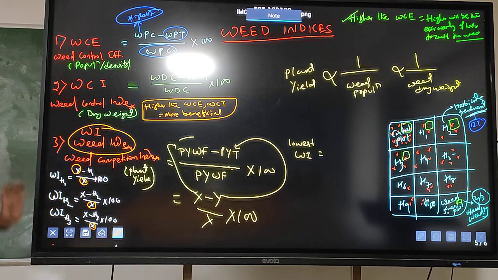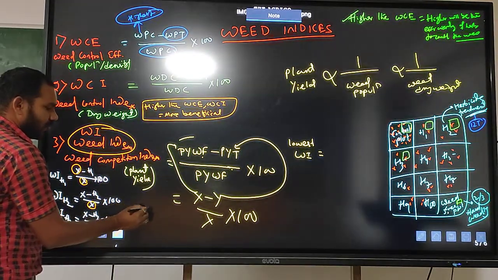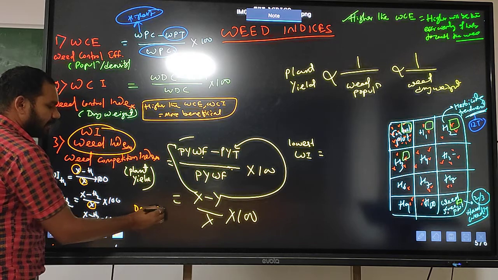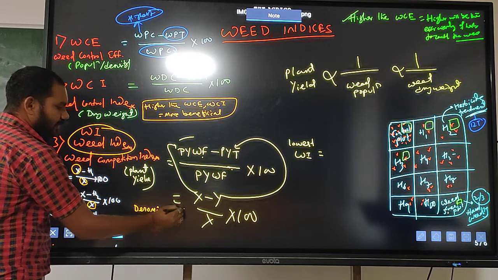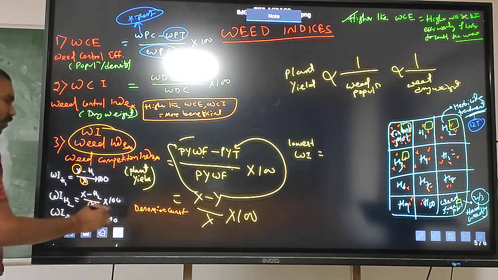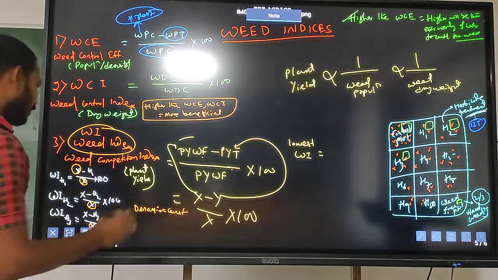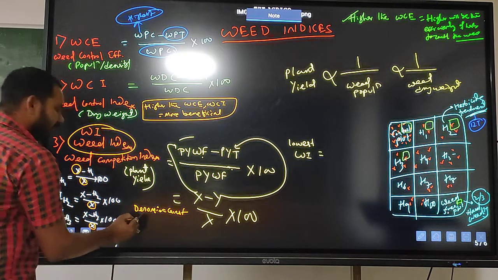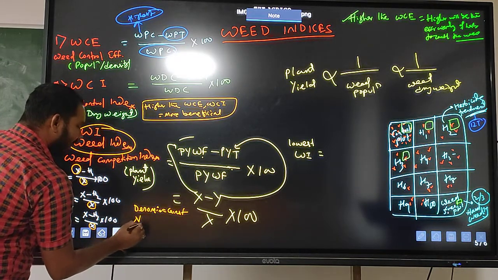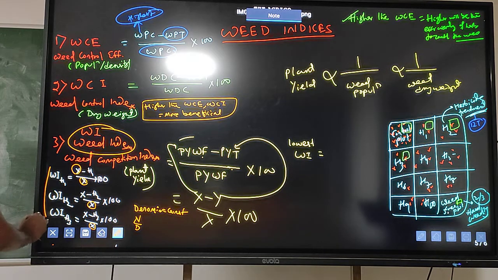In each case, the denominator is constant. This is the fundamental principle. You know a fraction is numerator by denominator, but here in each case the denominator is constant.